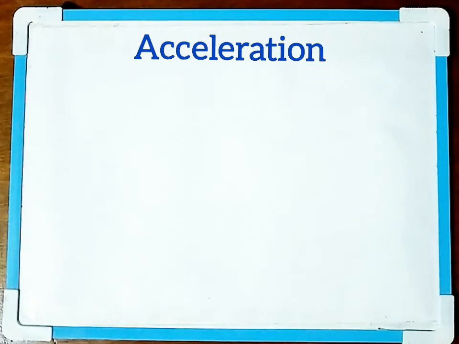Now what can we get from these velocity time graphs? Suppose the car is moving with zero acceleration, that is, with a constant velocity, and say that velocity is given as u.